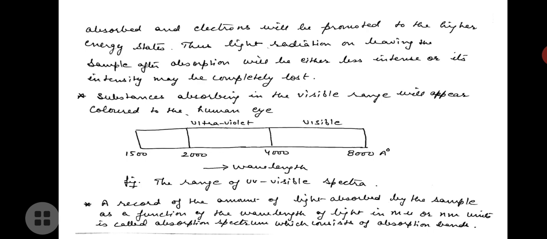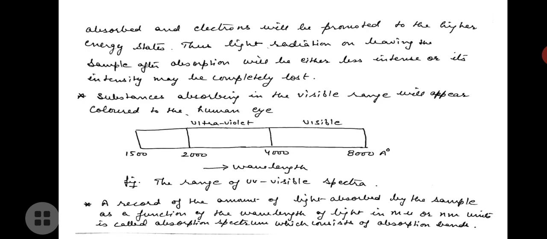Thus, light radiation on leaving the sample after absorption will be either less intense or its intensity may be completely lost. Substances absorbing in the visible range will appear colored to the human eye.